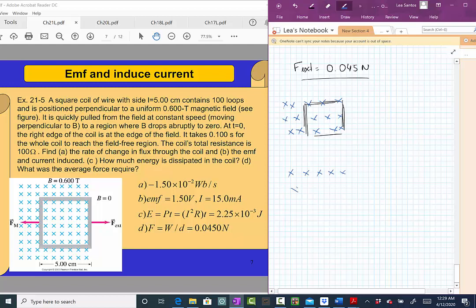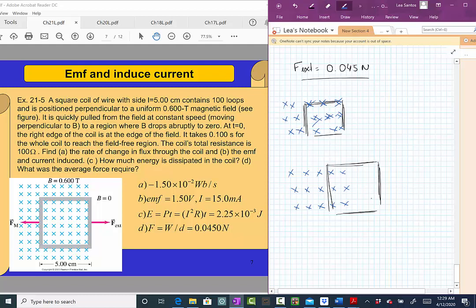As we move it outside this region of magnetic field, what do we see? As we are moving it outside, we see that there are fewer and fewer lines crossing the loop. So here we had all these lines that you're seeing here crossing the loop, and now I see fewer and fewer.